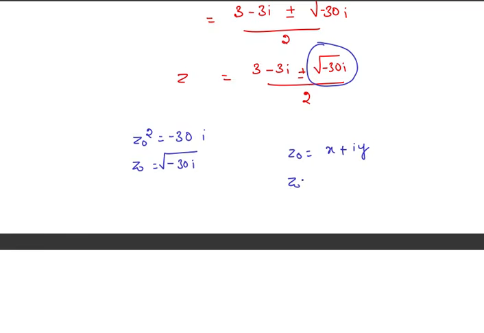So z0 square is x square minus y square plus 2 times i xy. So clearly x square minus y square is 0 because there is no real part. So 2xy equal to minus 30.